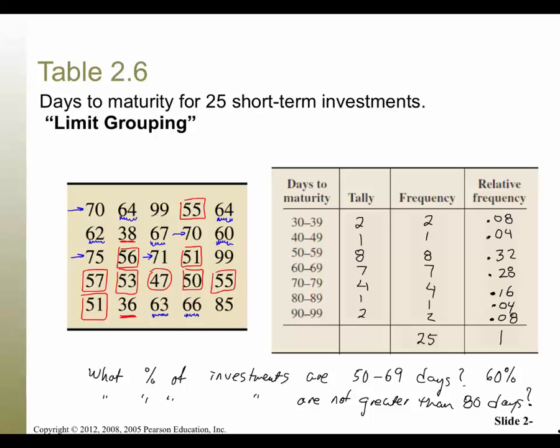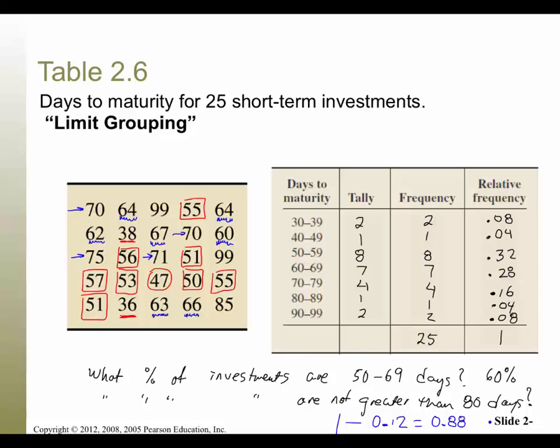That's the most efficient route here. 1 minus 0.12. Just everything that we don't want. These are all the ones that are greater than 80. So 88% of the investments have a maturity date greater than 80 days.